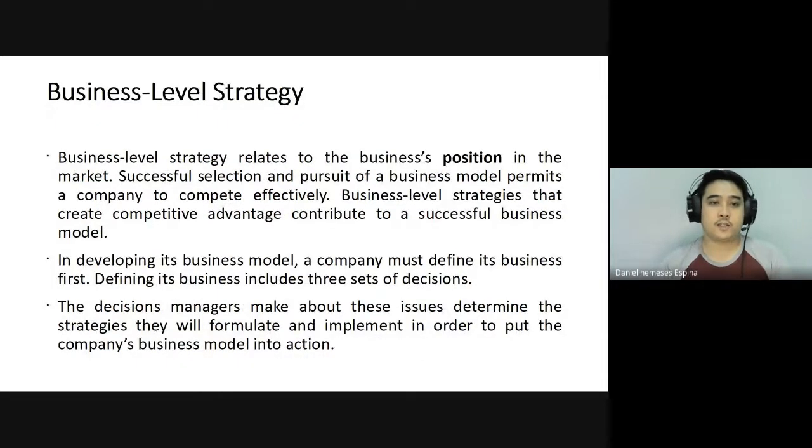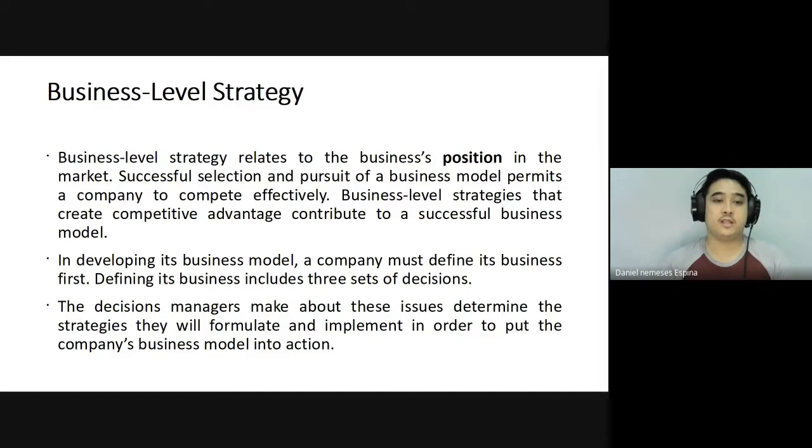Another type of strategy is called the business level strategy. While functional strategy is more on internal operations, business level strategy is more on positioning the business to the outside or to the market. It's a selection and pursuit of a business model that permits the company to compete effectively.